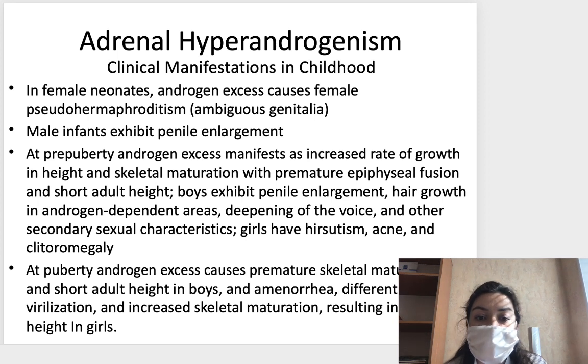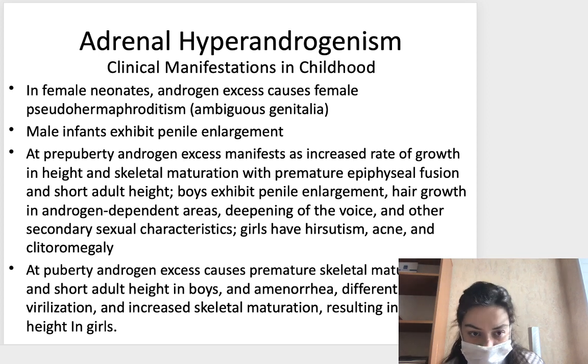Boys exhibit penile enlargement, growth in androgen-dependent areas, deepening of the voice and other secondary sexual characteristics. Girls have hirsutism, acne, and clitoromegaly.